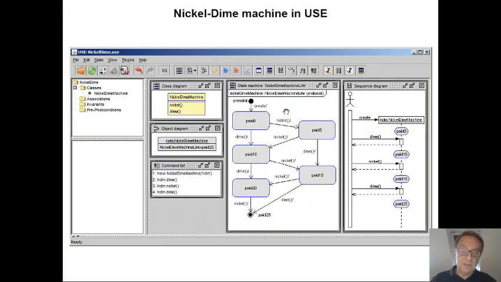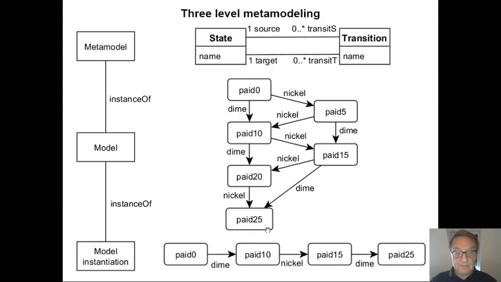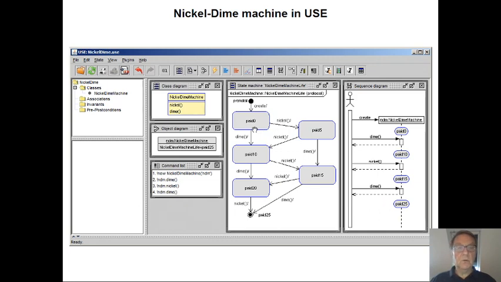And as you see here, this protocol state machine directly corresponds to the state machine in the previous model. So we have a state called page 0, state page 10, state page 20.